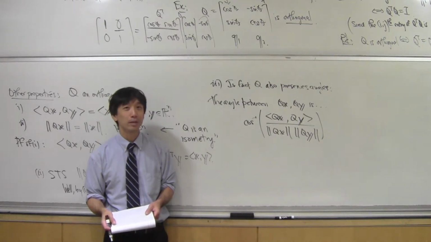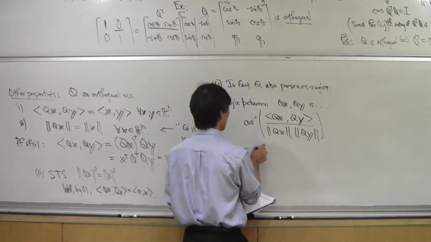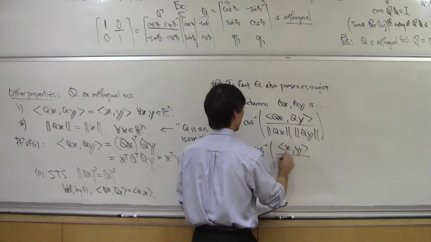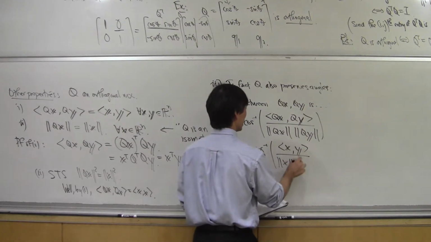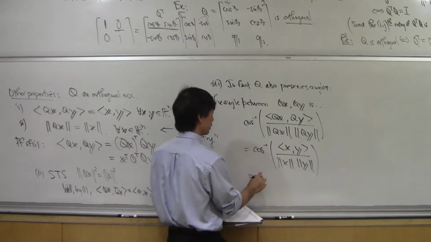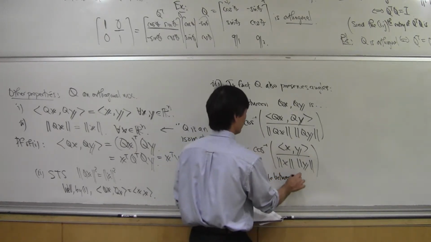But by part 1 and part 2, that's the same thing as the cosine inverse of x, y over magnitude of x, magnitude of y, which is the angle between x and y.